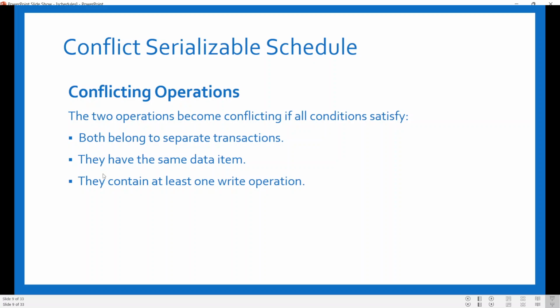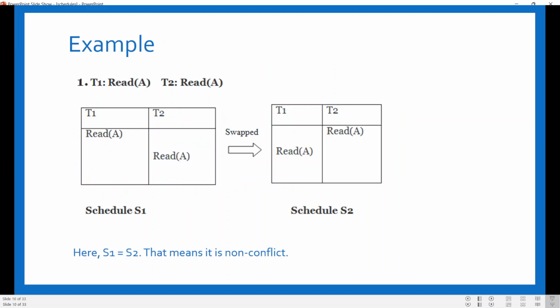If these three conditions are satisfied, then we say those operations are in conflict. Now let us consider an example here.